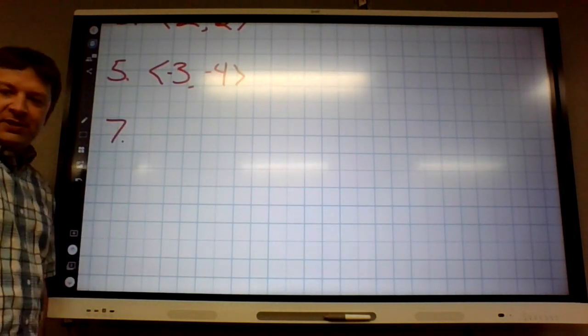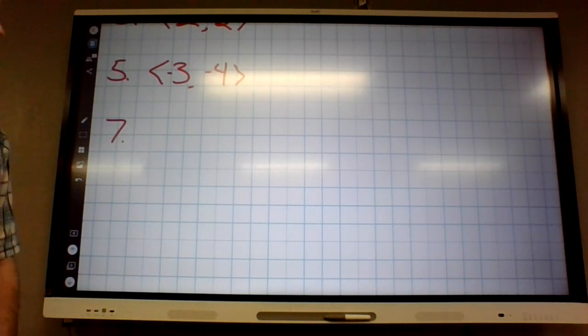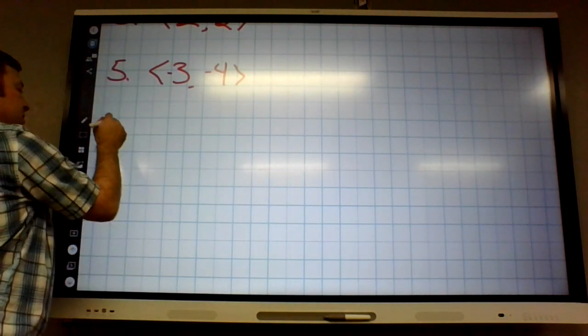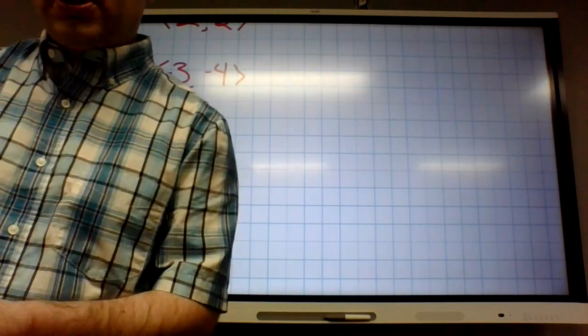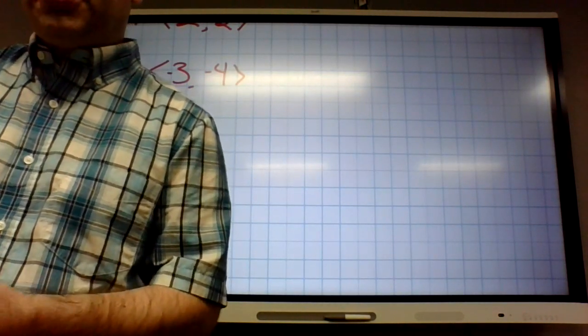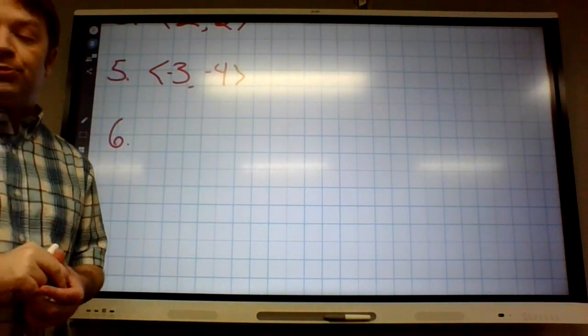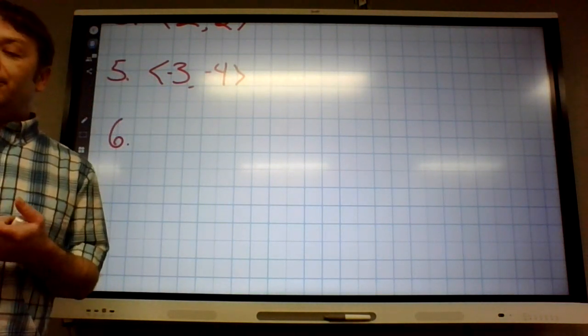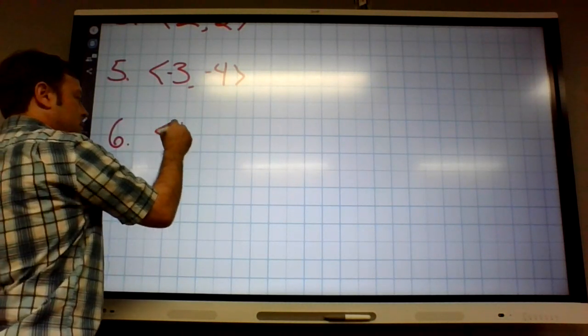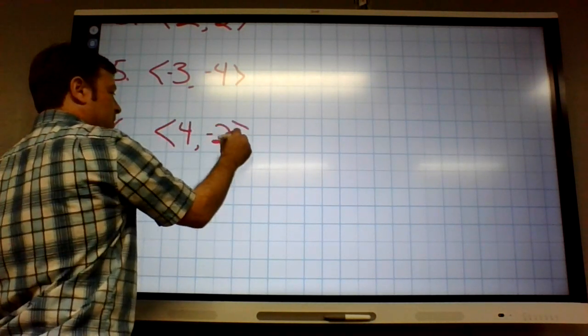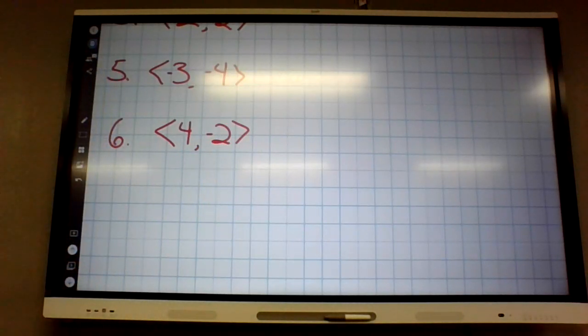Okay, 7, this is kind of what I was doing at the beginning. Actually, I don't want to start with 7, I want to start with 6. So 6 is, we're looking for the magnitude and direction of vector u. Vector u is what we found on number 1, the 4, negative 2. What did I say magnitude meant?